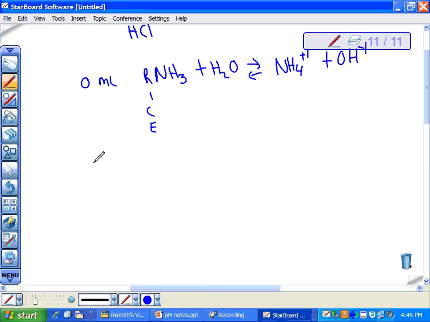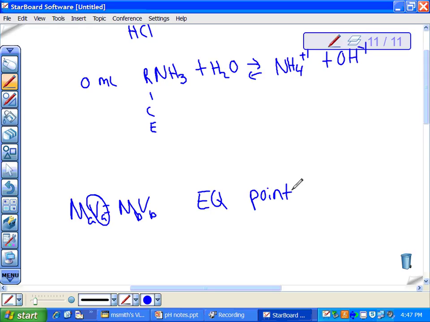Alright, then you have to decide on some points. In order to find your equivalence point, you're going to use the equation MV equals MV, acid and base, and you could find the volume at which. So I would like you to graph the equivalence point. And that's where you're going to have to do the ugly stuff.